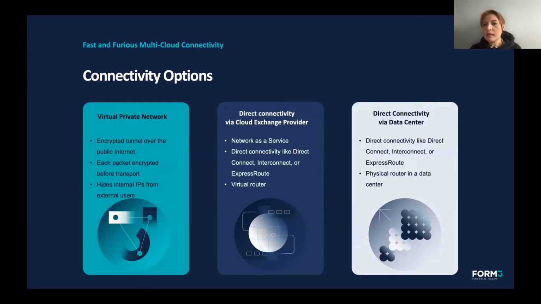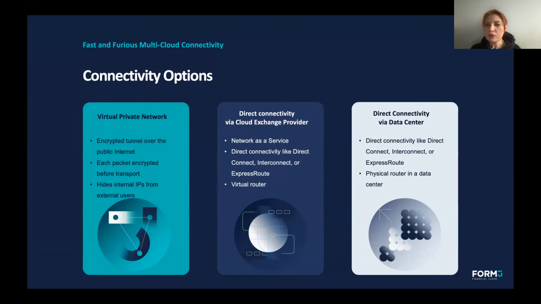Then the last option is very similar to the second one, direct connectivity, but without a third-party vendor. So instead of using a cloud exchange provider company, we have our own data center or a rented data center, and we have direct connectivity with three connections like Direct Connect, Interconnect, and Express Route.